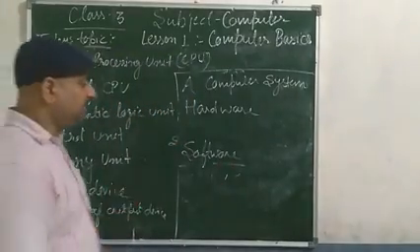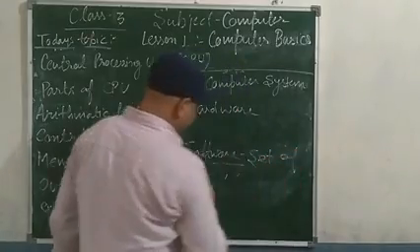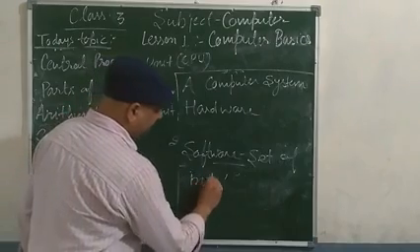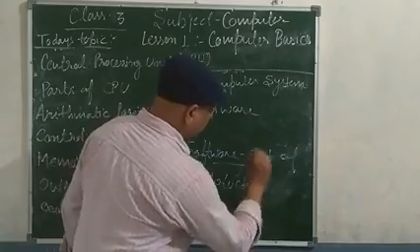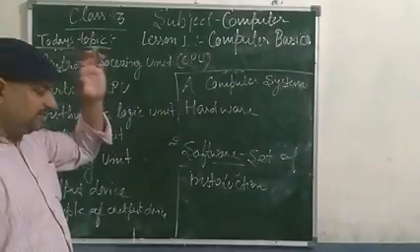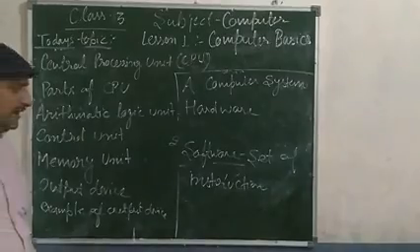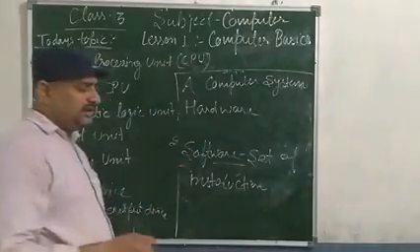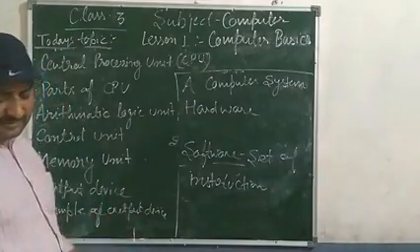It is a set of instructions, commands. This is called software. Using these two parts, we make a complete computer system. If any one part is missing, we can't make a complete computer system.